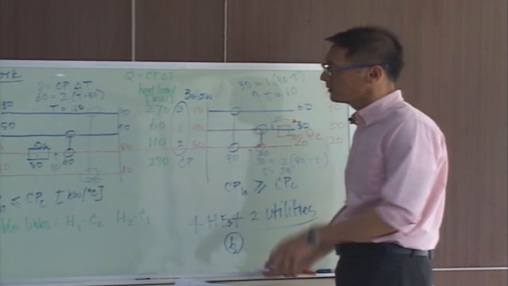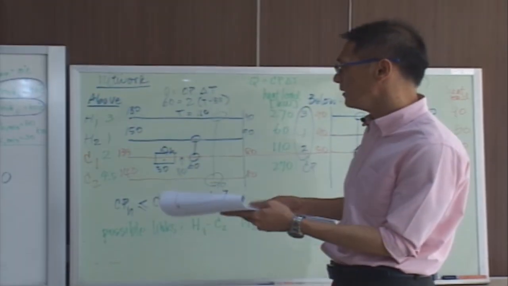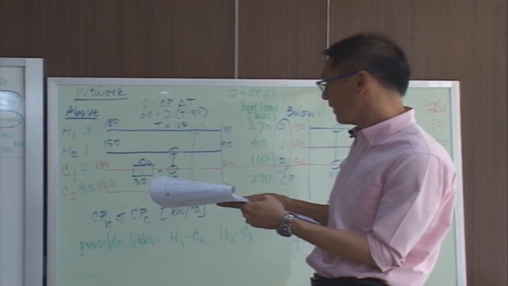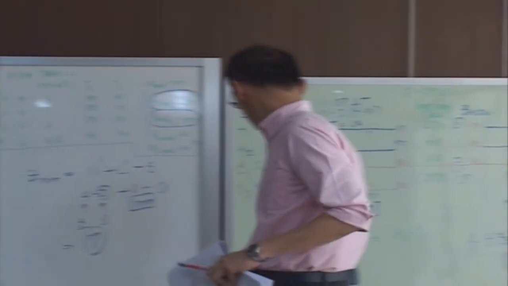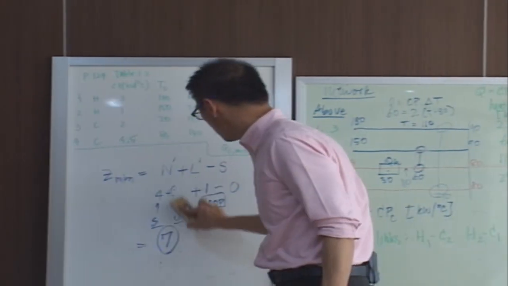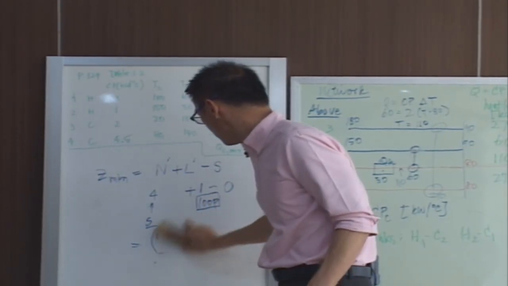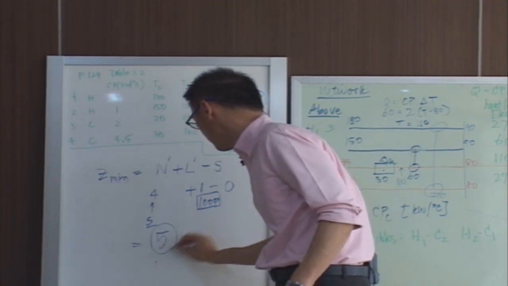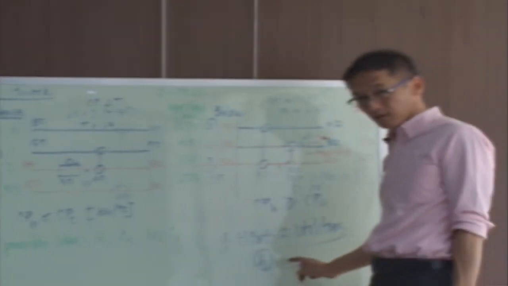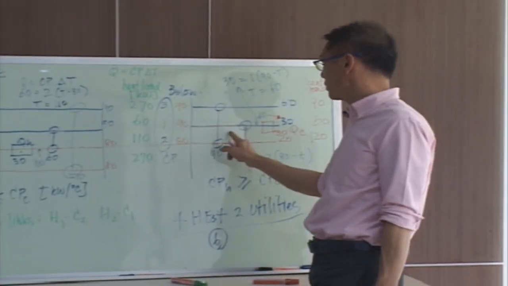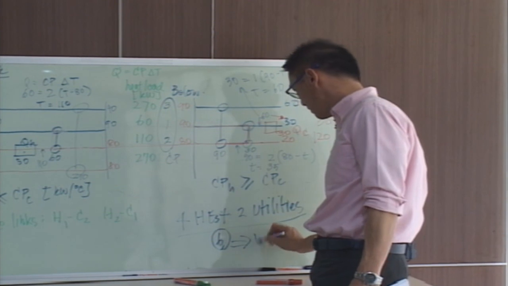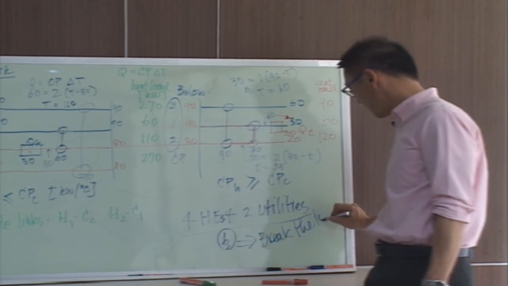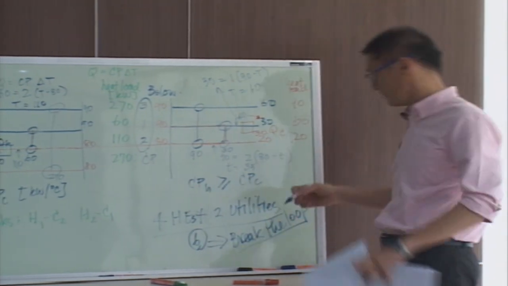Something wrong, huh? Or I don't think this is the one that includes the utility. So let's see. The minimum heat exchanger must be 5. So in this case, we have 6. So the next step is loop breaking. We have to do the loop breaking. Okay? All right?